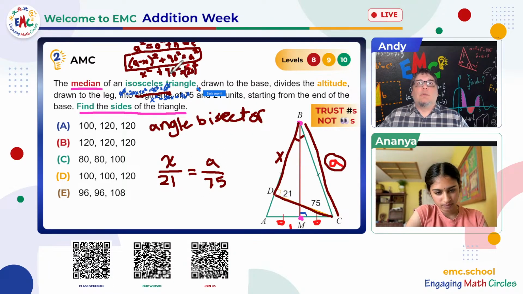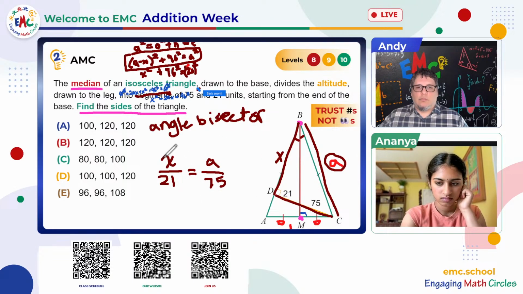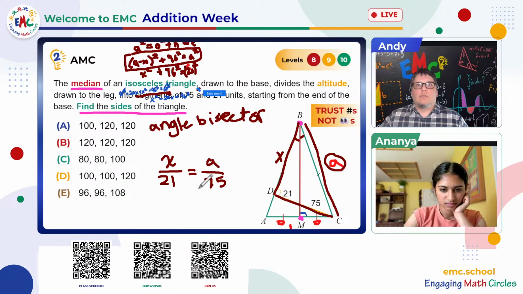So we can replace the a with how many x's? Wait. a equals 75x over 21.